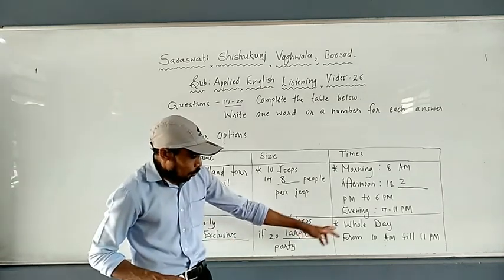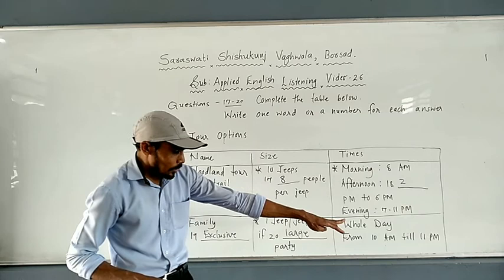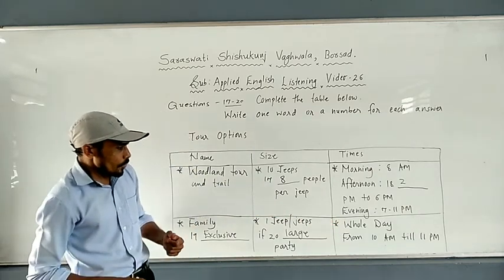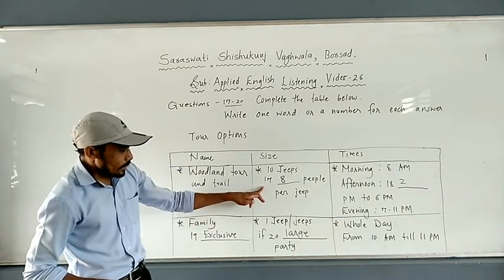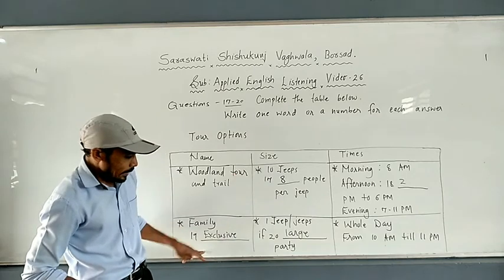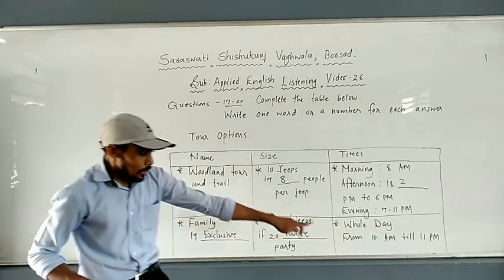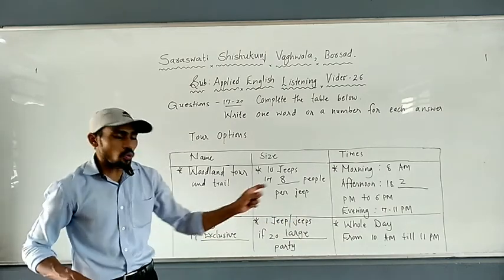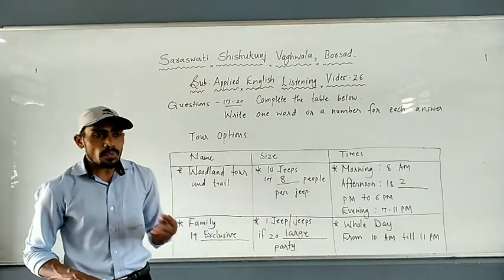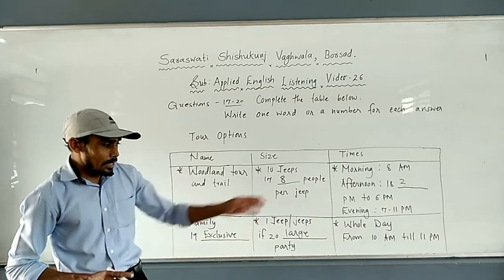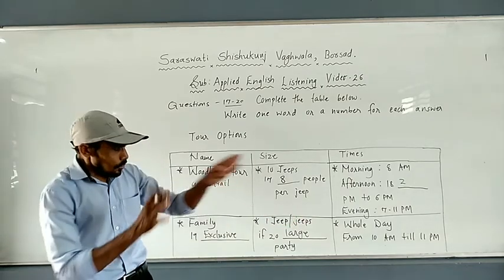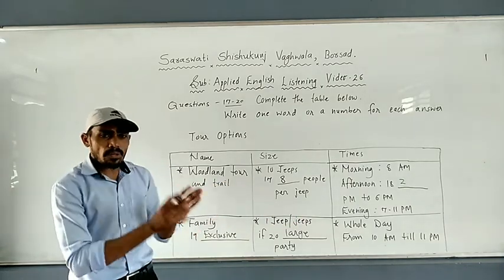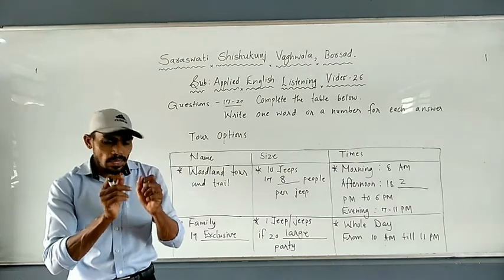And it's a whole day, from 10 a.m. to 11 p.m. Now students, we have seen questions 17, 18, 19 and 20, and much more information is given. When you book this family exclusive tour, you will be given lunch, so it is included. Students, this is very easy, but you need to listen very attentively.